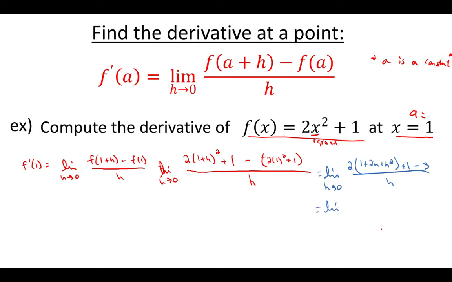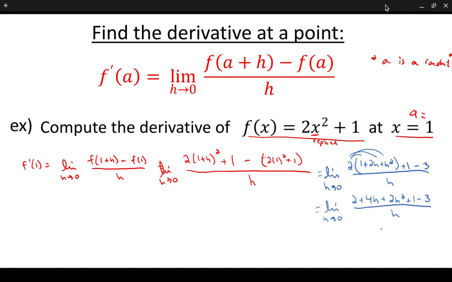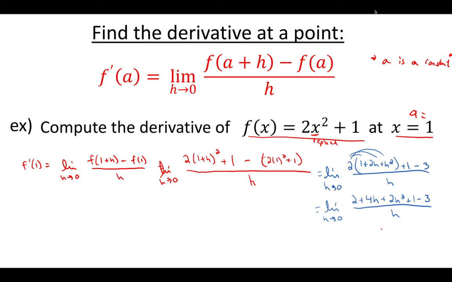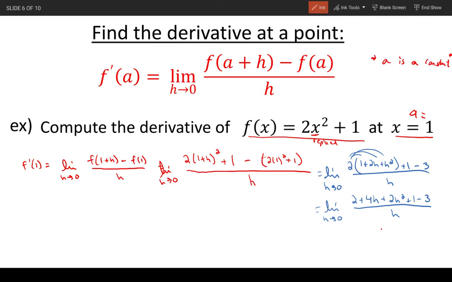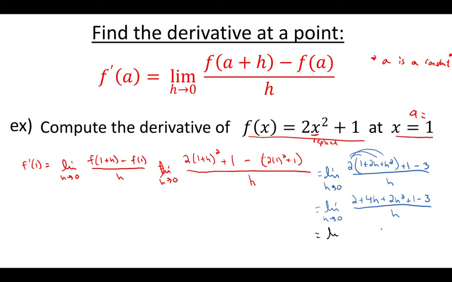So the next one we'd have is limit as h goes to 0. Let's go ahead and distribute this 2 in. That becomes 2 plus 4h plus 2h squared plus 1 minus 3 over h. Switch colors here. All right, and you'll start to see some good things here, and that is we're going to get some cancellations.